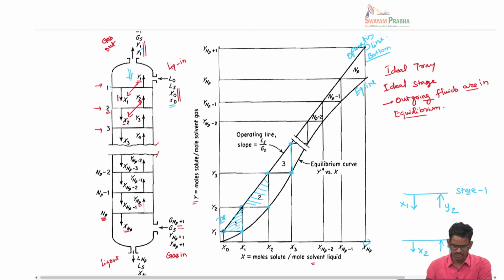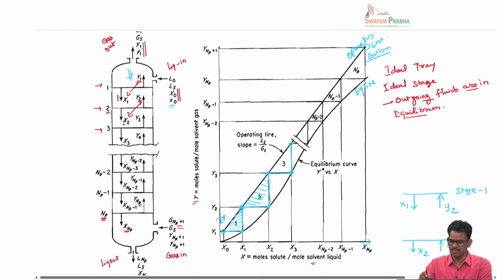Start from here, reach horizontally to the equilibrium line, and then go up and meet the operating line. That is equilibrium stage 1. Then from here you go horizontally to the equilibrium line, because we are assuming that the outgoing streams are at equilibrium, as this is a theoretical or ideal stage, and then go upwards and meet the operating line. That is stage 2.